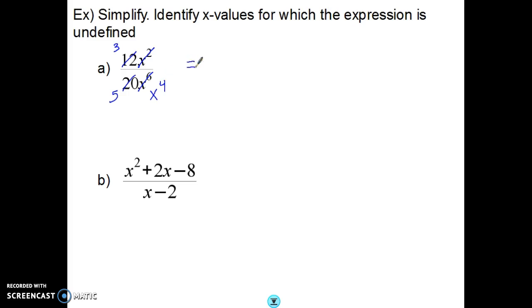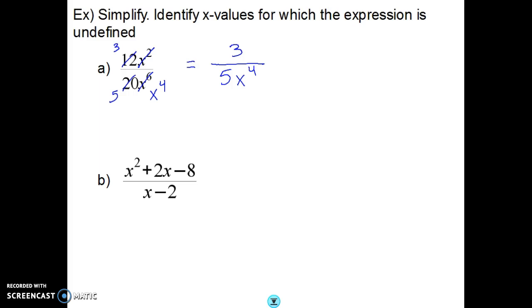Which means that this simplifies down pretty nicely into 3, that's all that's left in the top, over 5x to the 4th. Another easy way to think about canceling powers is just subtract them, and you keep that number wherever the larger exponent was. So 6 minus 2 gives us 4, and there were more in the bottom, so that's where the x to the 4th goes.